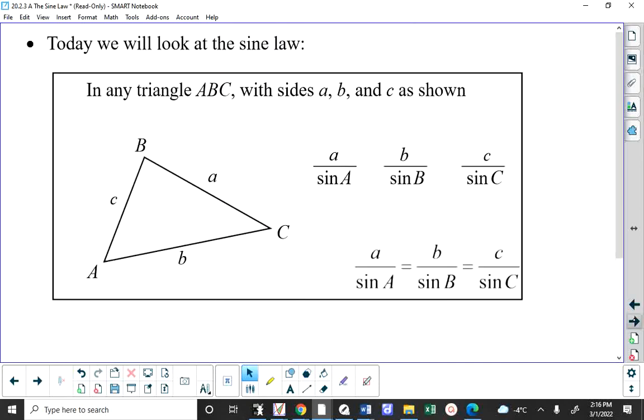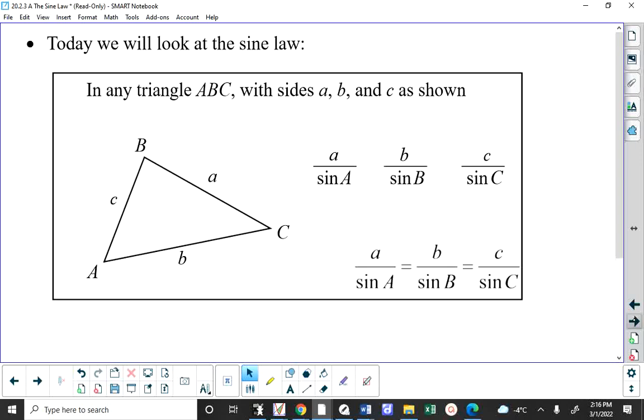All right, so what is the sine law? What the sine law does is relates for a particular triangle, any triangle, the length of the side that you're looking at to the sine of the angle across from that side. And I don't know if your Math 10 teachers use this notation.